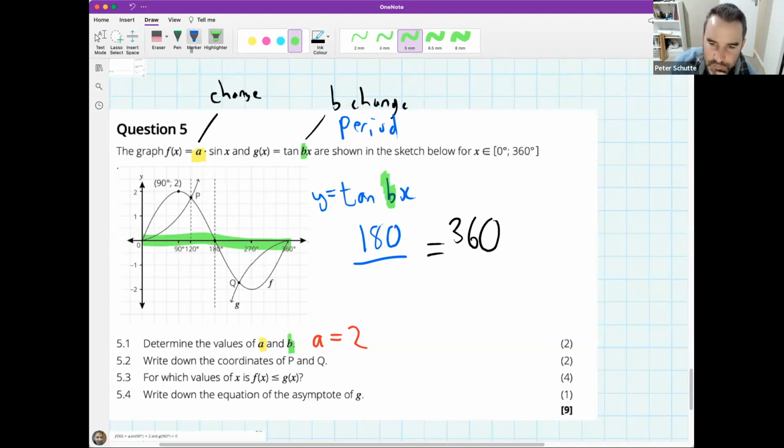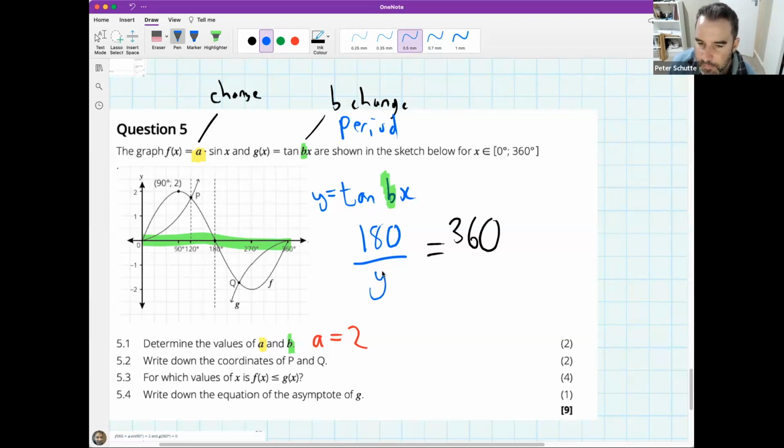Now, it is a little bit confusing, but we can make this letter X if we want, or y if we wanted. We need a number that when we divide 180 by this number, it gives us 360.